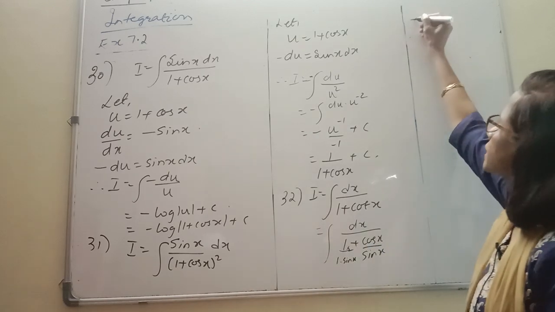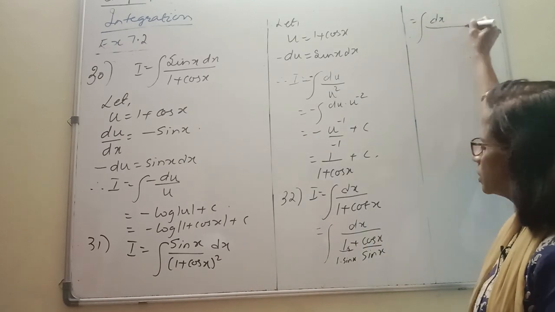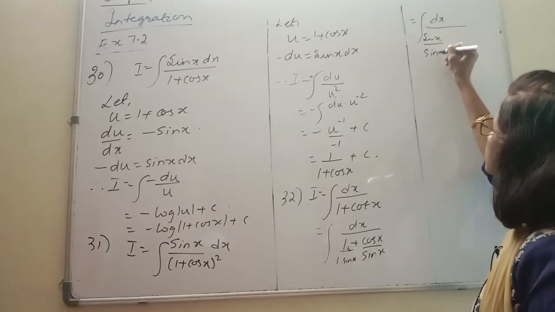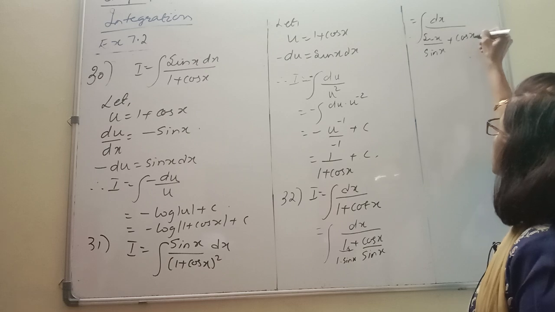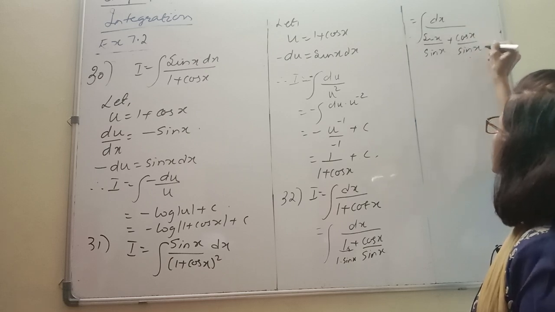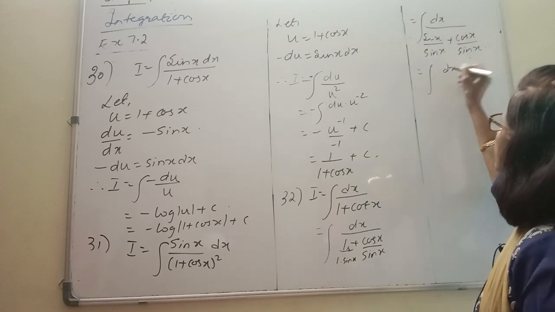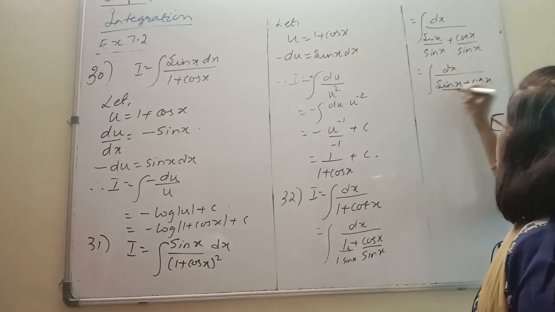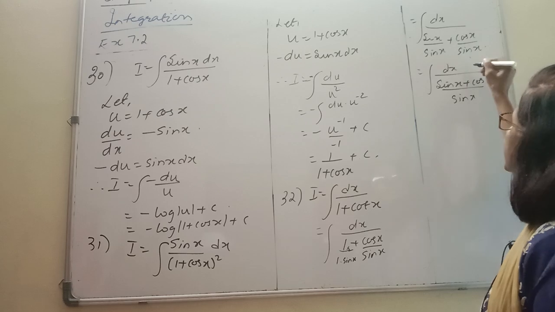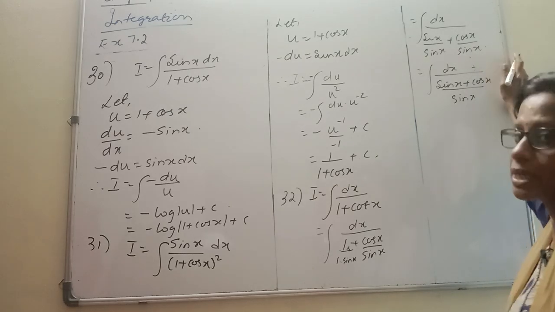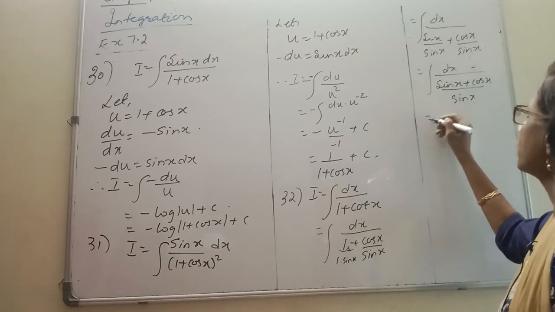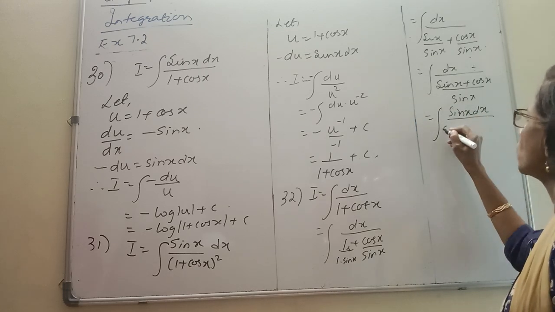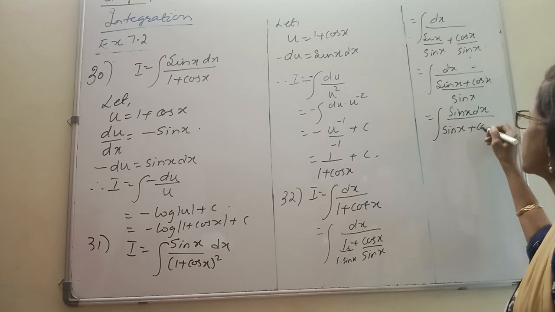So we will be getting this as integral of dx over 1 plus cos x over sin x, or rather integral dx over sin x plus cos x over sin x. See, here division by a fraction is multiplication by its reciprocal. By that, this will become sin x dx over sin x plus cos x.